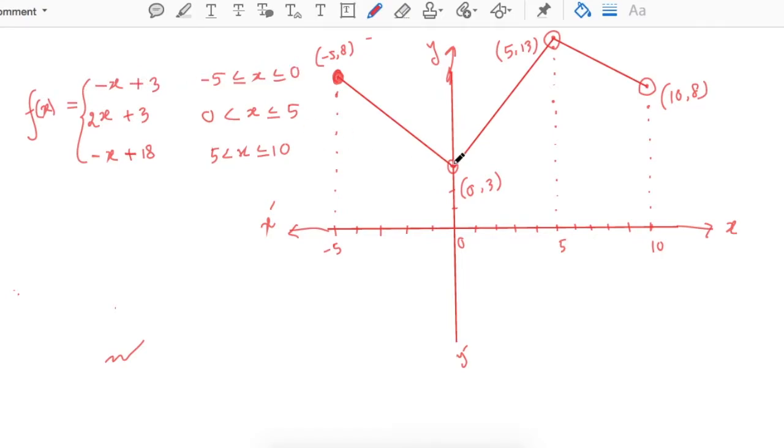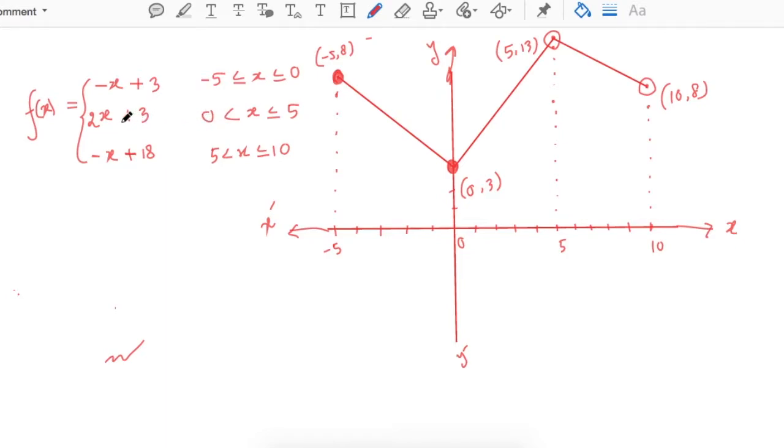So this is the end point of the first line, and we need to fill this circle because 0 is included in this interval. And the second line starts at 0, but 0 is not included in this interval.